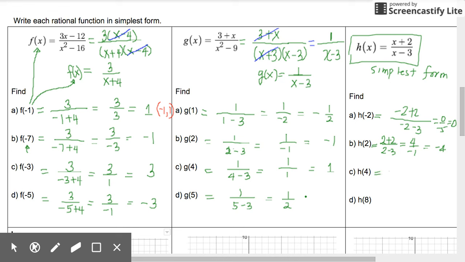H of 4 is 4 plus 2 over 4 minus 3, and this gives us 6 over 1, which gives us 6. And h of 8 is equal to 8 plus 2 over 8 minus 3, which is 10 over 5, which gives us 2. There it is.